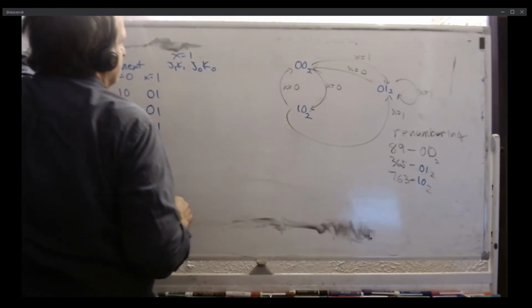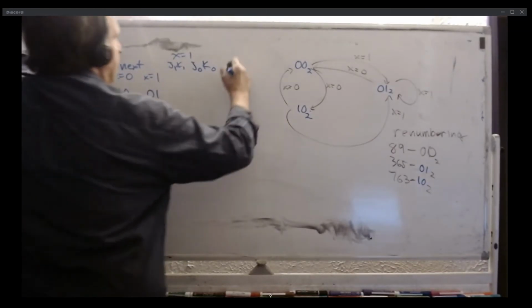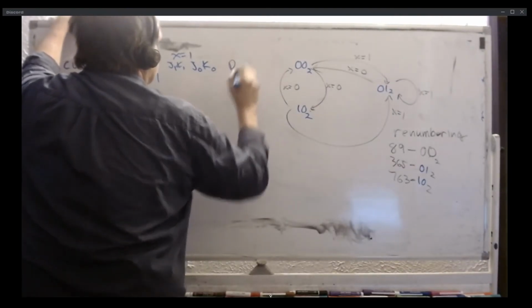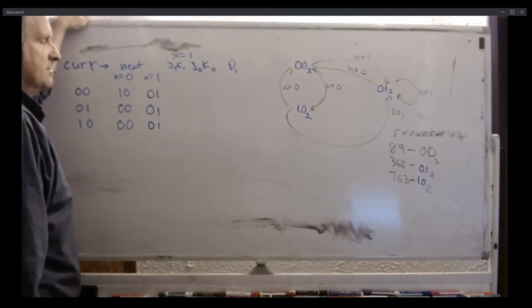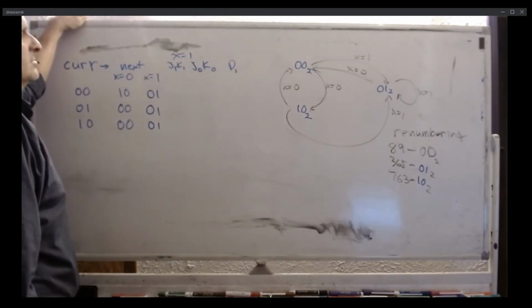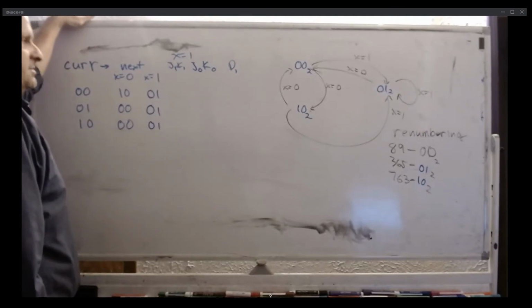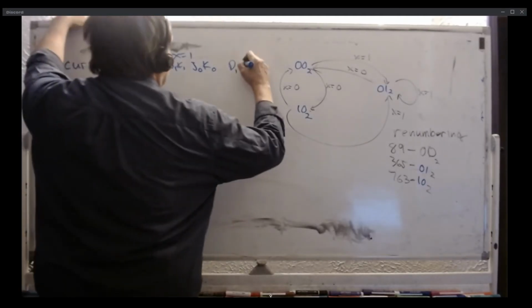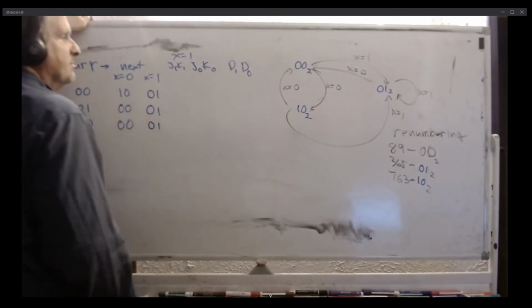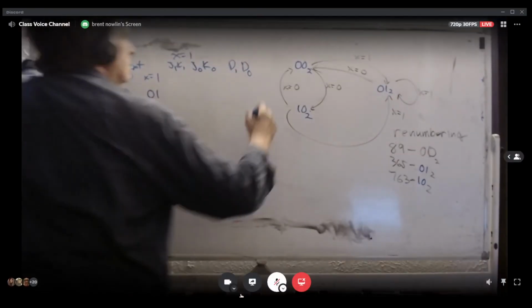Yes. But flip-flop 1 could also be a D, couldn't it? It could. So instead of having a J0, K0, we could have a D? Yes. Or we could have a D for the least significant flip-flop, right?